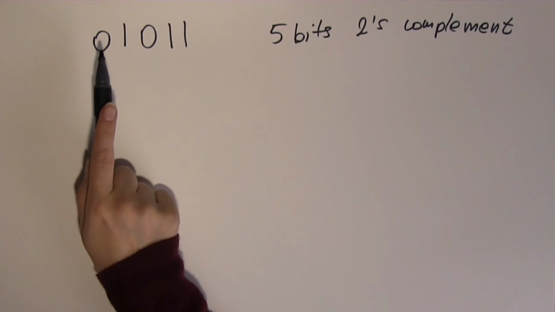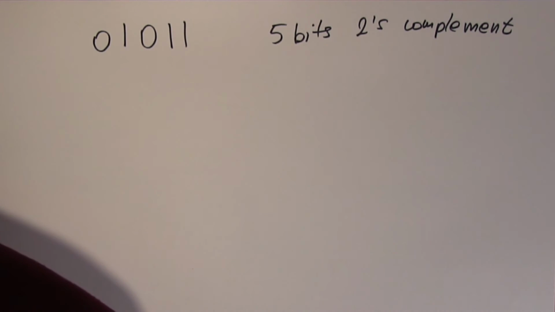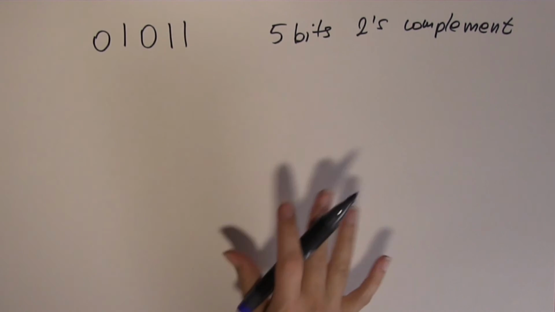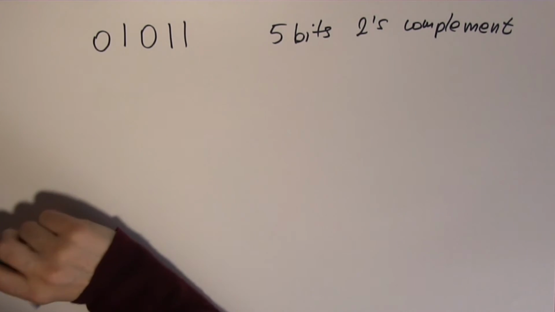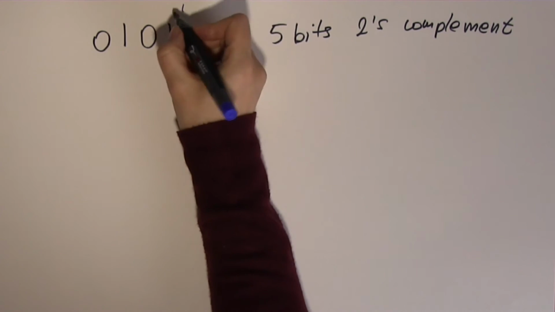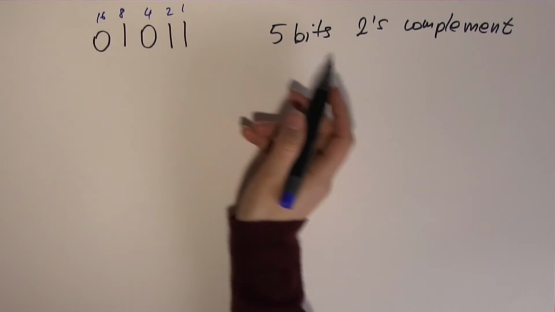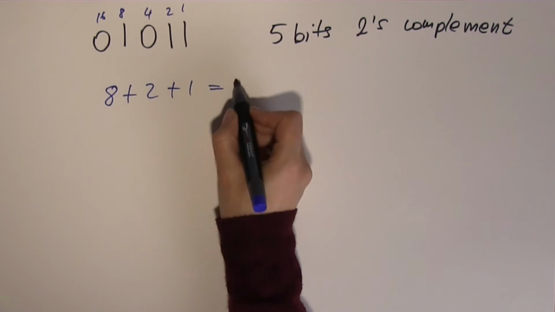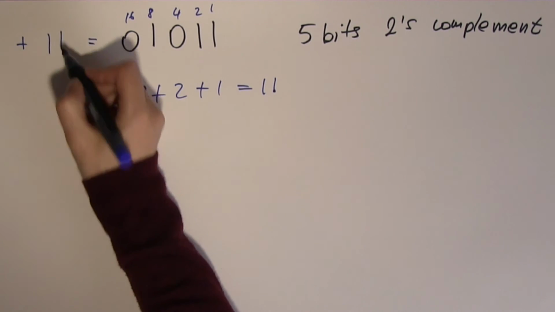Every time you see the 0 digit at the front, you should be rejoicing, because it tells you that this is going to be an easy calculation. This is just like any ordinary binary conversion. So this number has not gone through any inversion process, so all you need to do now is put the place values on top of the number and then just add those numbers together. 8 plus 2 plus 1 makes 11, so this number is positive 11 here.